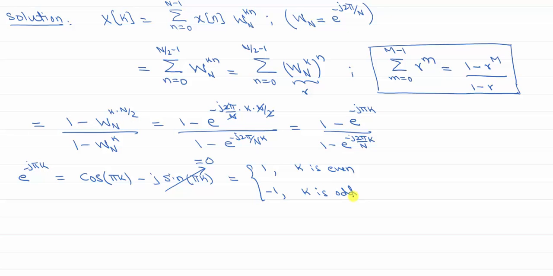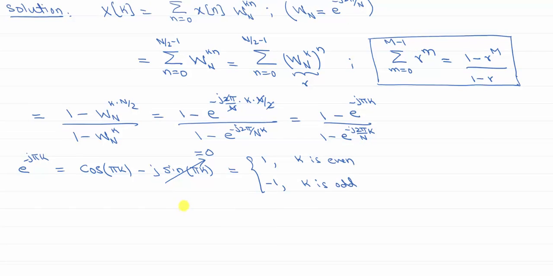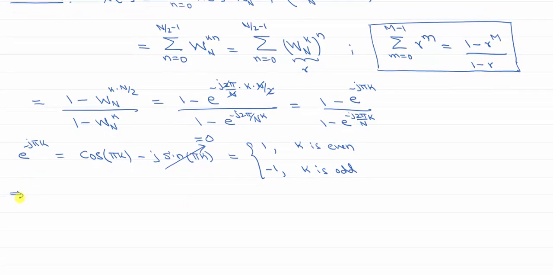Okay, so this means that when k is odd, 1 minus e to the minus j pi k is simply equal to 2.